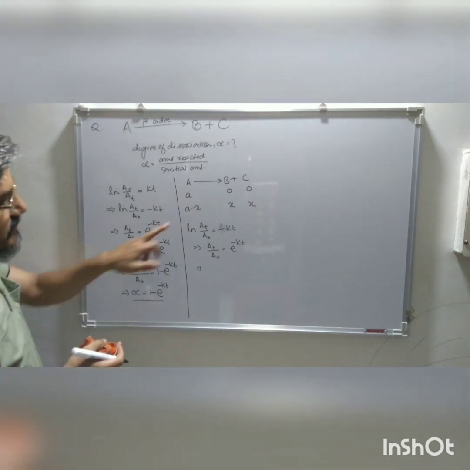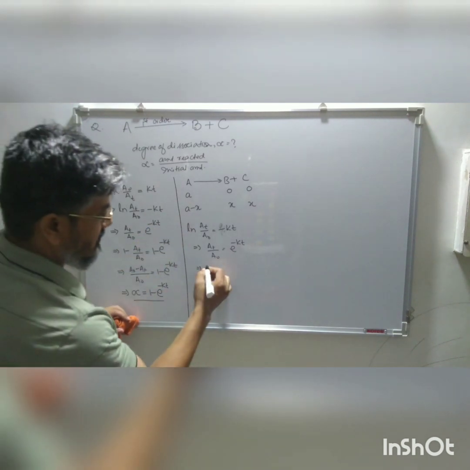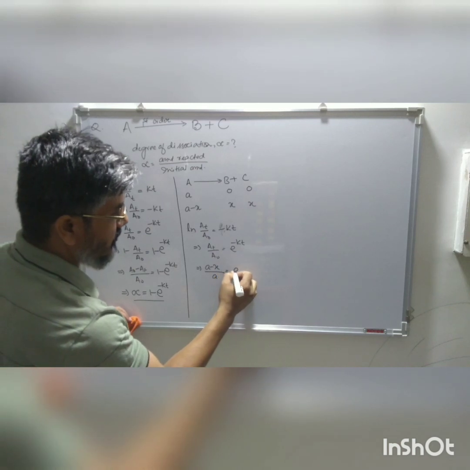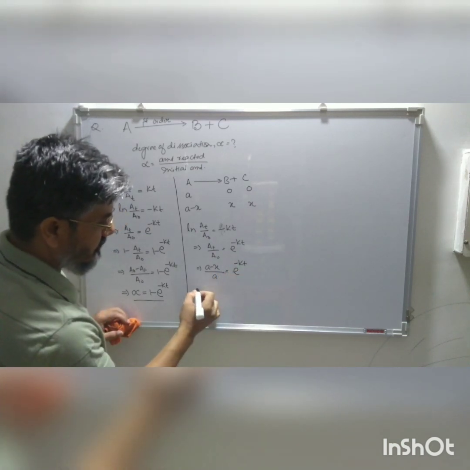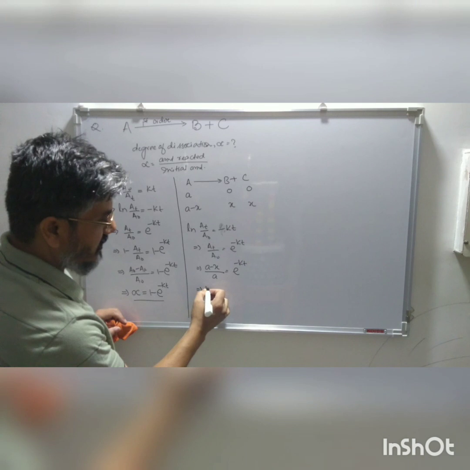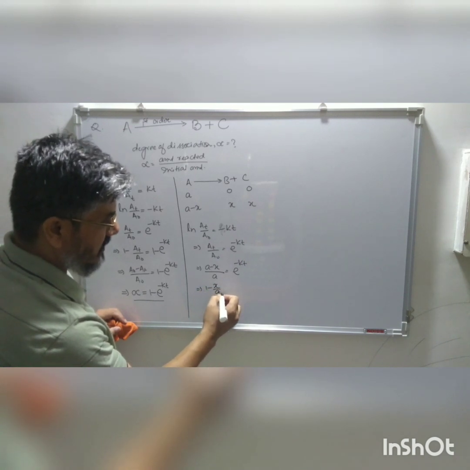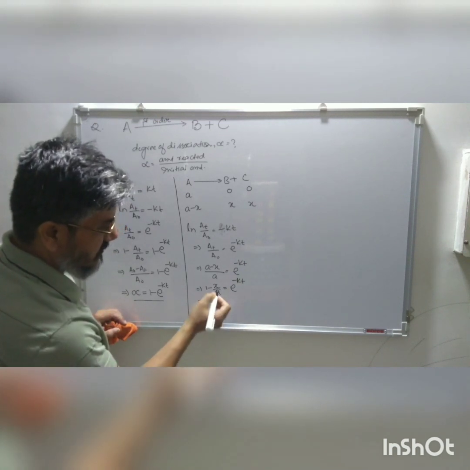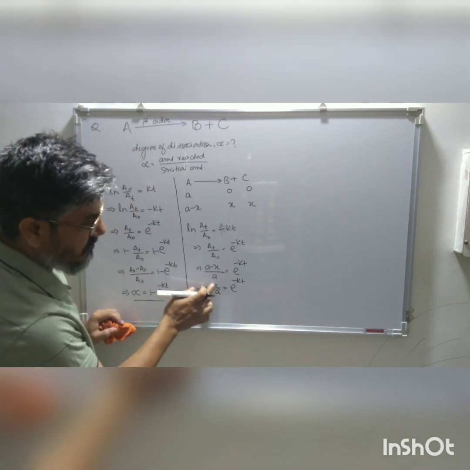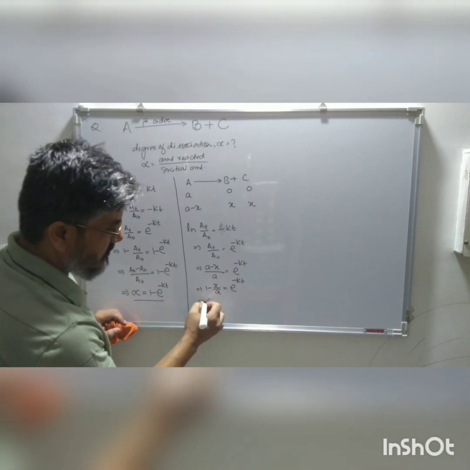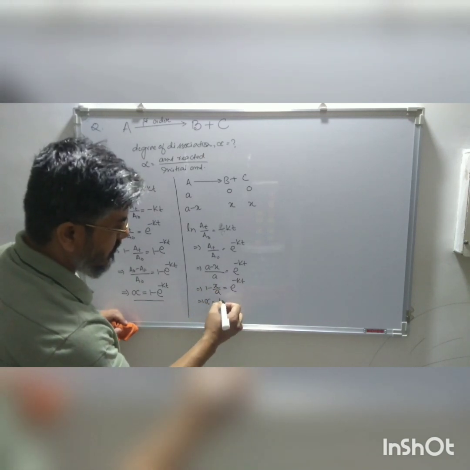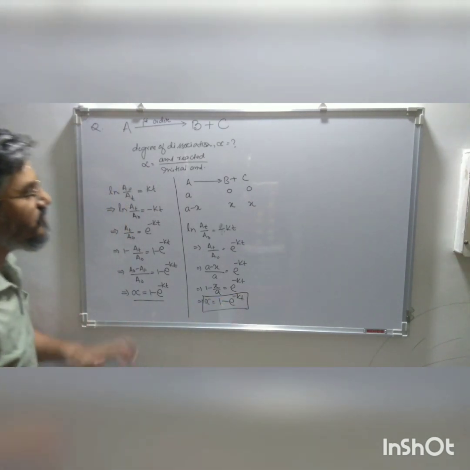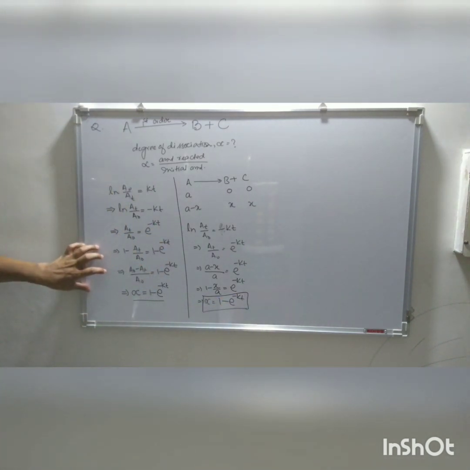So A_t amount, that is A minus X, divided by A naught, which is A, is equal to exponential minus Kt. So this is 1 minus X by A is equal to e raised to the power minus Kt. Therefore X by A, that is amount reacted by initial amount, represents alpha, so alpha is equal to 1 minus exponential minus Kt. So either you define it in terms of this equation or this type of equation.